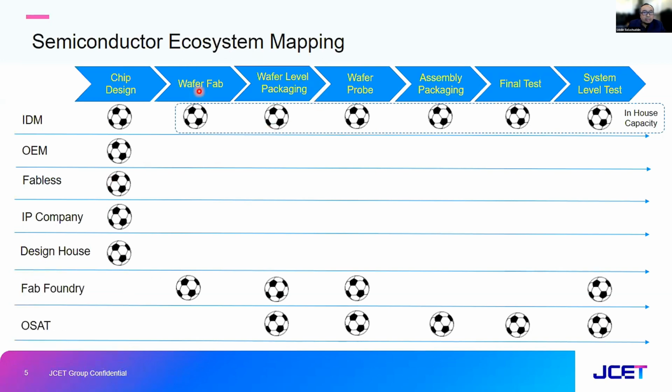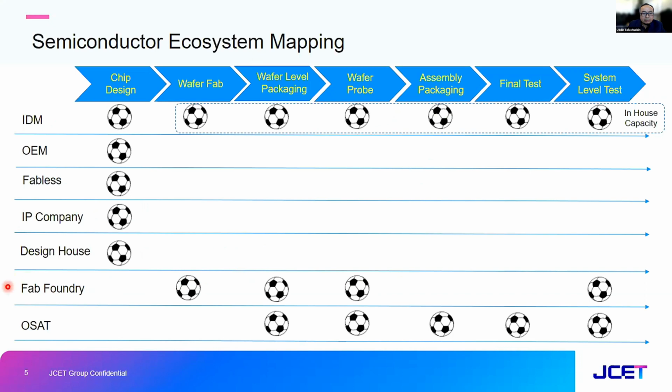This process flow shows the roles of each of these players, with this ball bullet, where IDM dominates most of the capability in this process flow, while OEM, fabless, especially IP company and design house have no interest in doing the manufacturing, but the device owner, the IP owner, really has the intention to participate in this whole process flow.